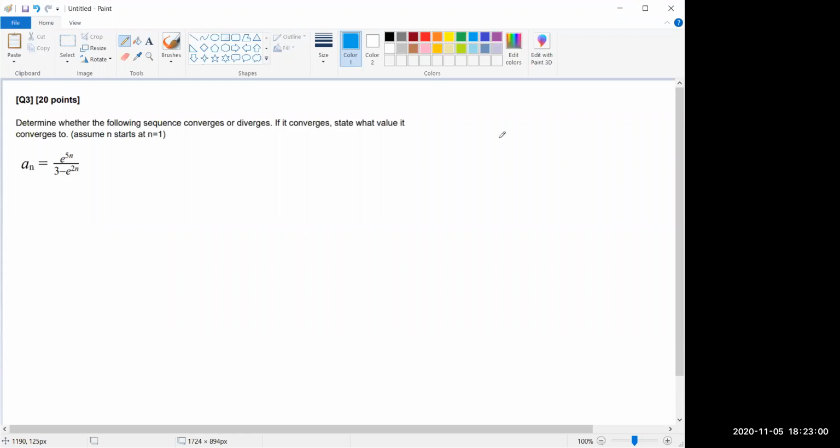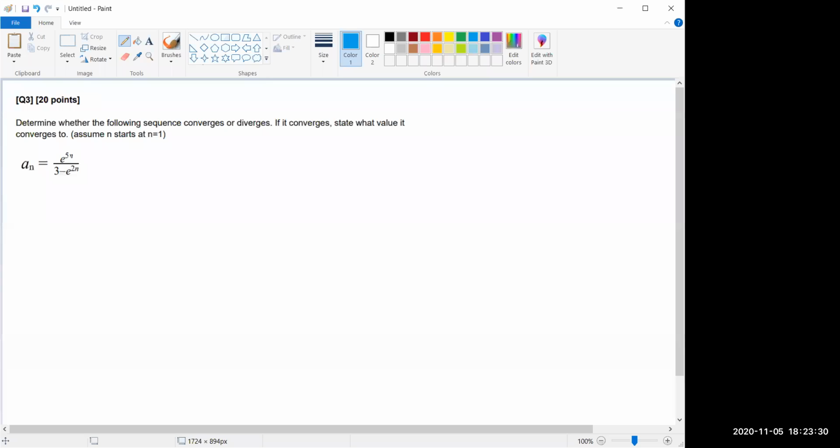Do comparison tests and hope it diverges. There is no comparison test for sequences. We only did comparison tests for integrals and series, but not sequences.